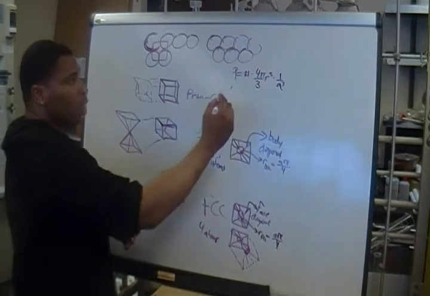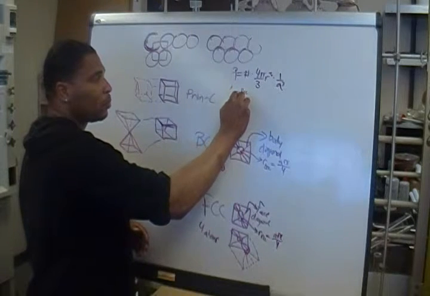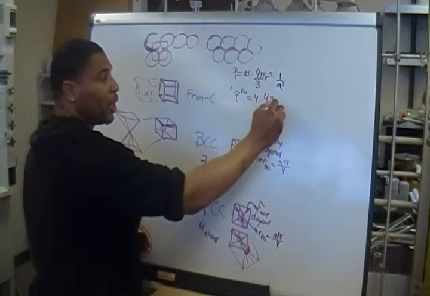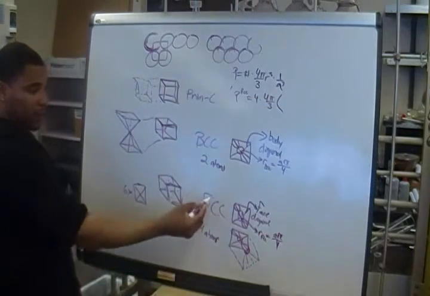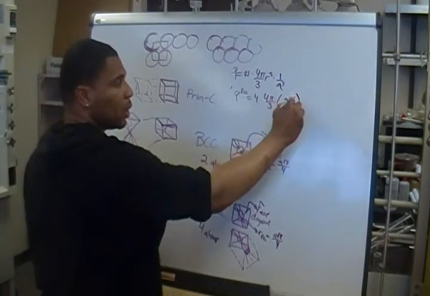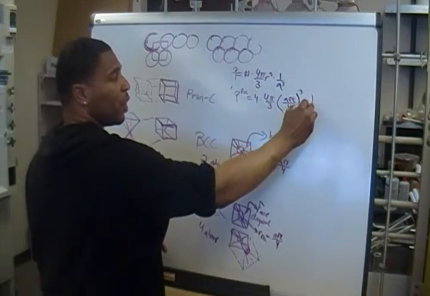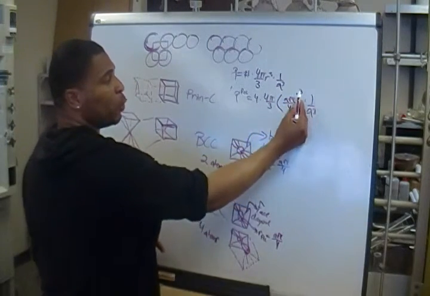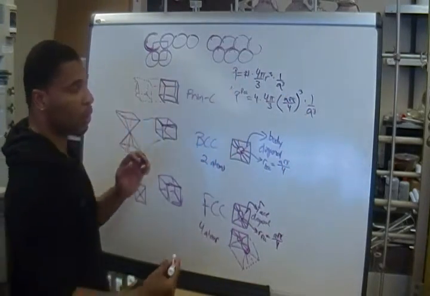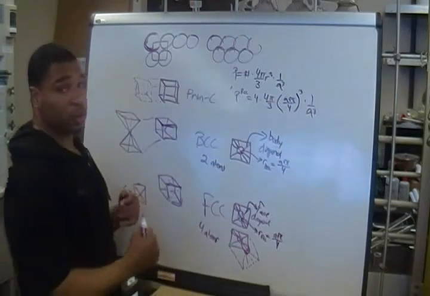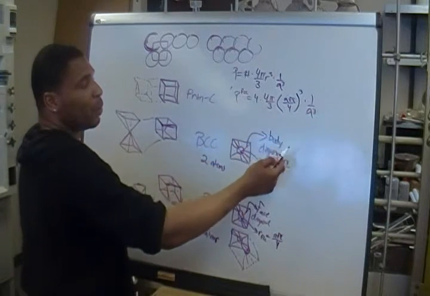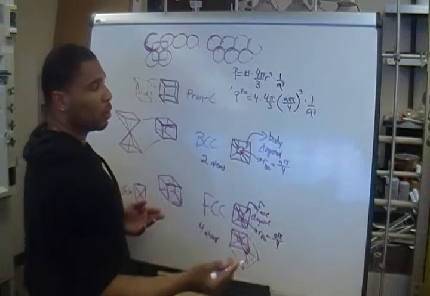FCC. Alright, so if you wanted to find the PFCC, the number of atoms is 4 times 4 pi over 3, and the radius for the FCC is a square root 2 over 4. I think you can see this, yeah. And that would be cubed times 1 over a cubed. So the a cubes cancel out. 4 cubed is 64. 4 times 4 is 16. 16 divided by 64, that's like 1 over 4.